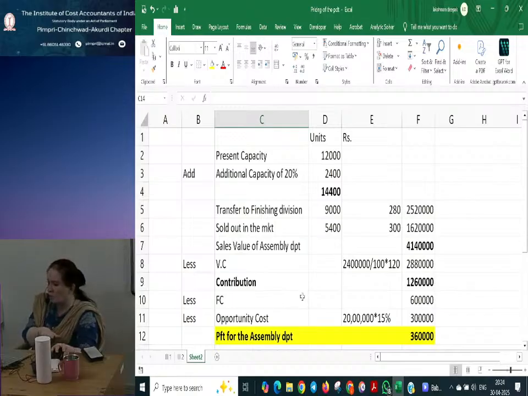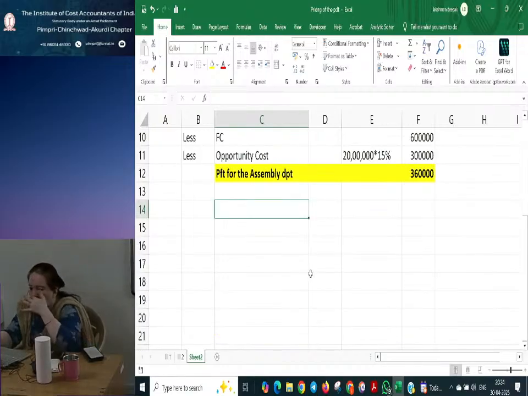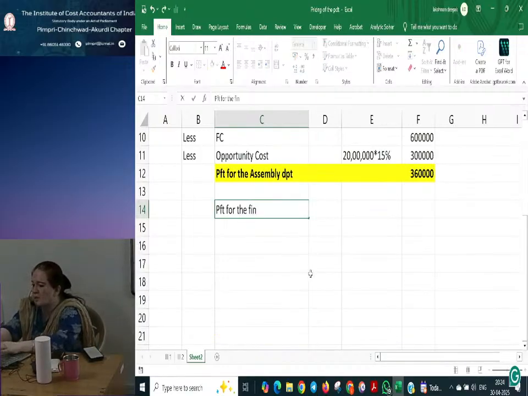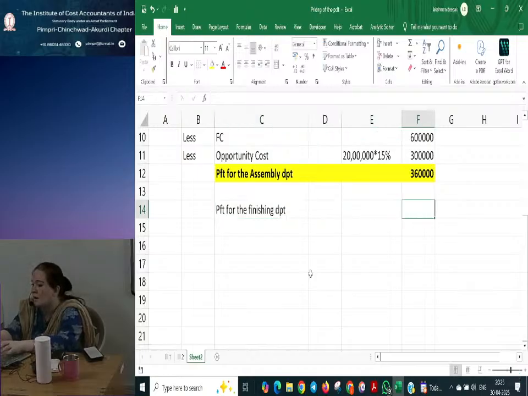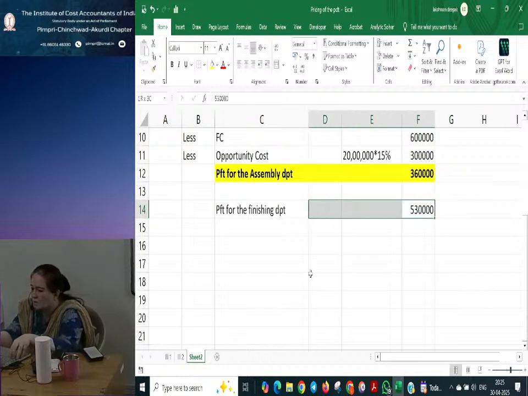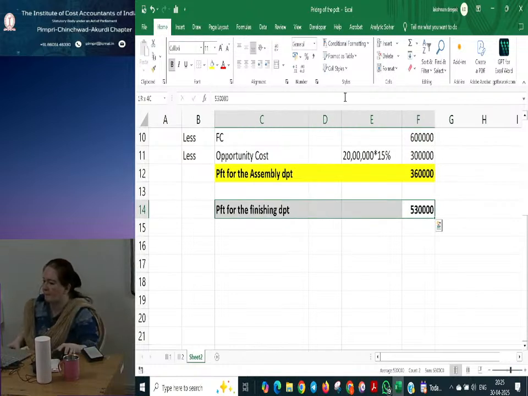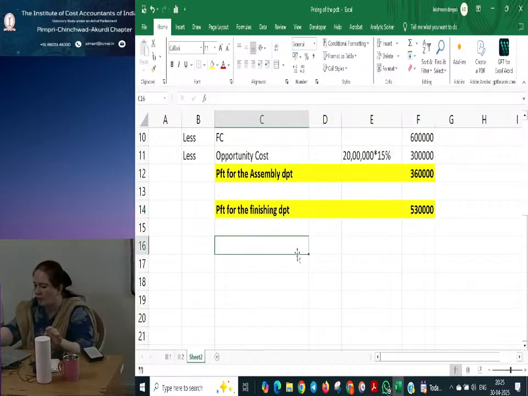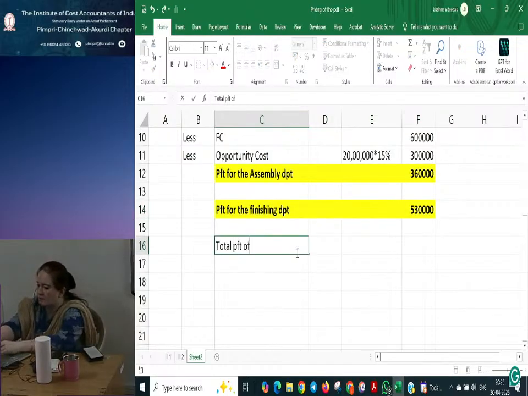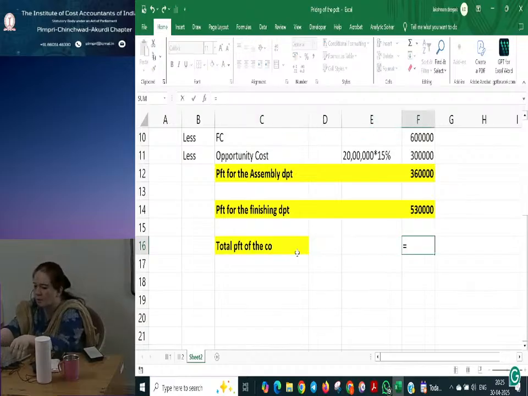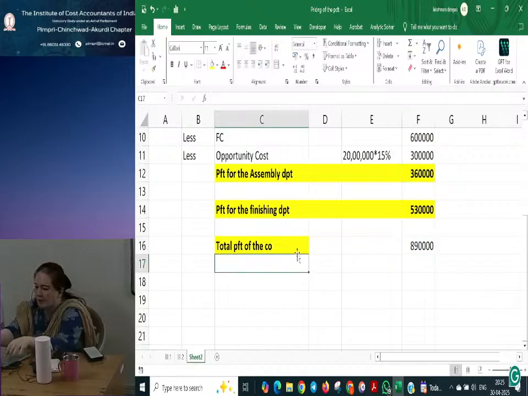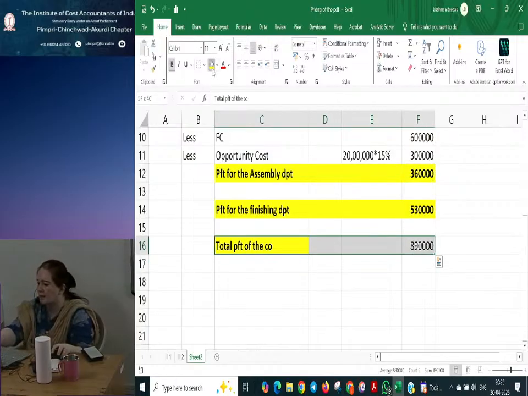There is no change in the units that are going to get transferred. So over here, the profit for the finishing department, I am just copying down, is 5,30,000. This remains the same. So the total profit of the company in the first proposal is going to be 3,60,000 plus 5,30,000, which is 8,90,000. This is the first proposal.